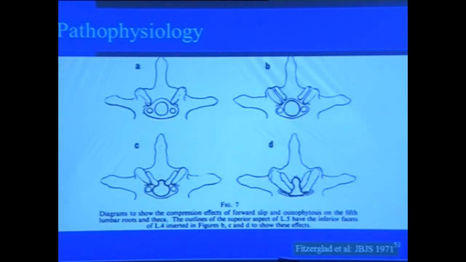In addition to this, when we see the L4 inferior facet, it tends to slip downward and pushes upon the dural sac and produces a compression, as well as decreasing the size of the canal, which produces the various neurological symptoms.